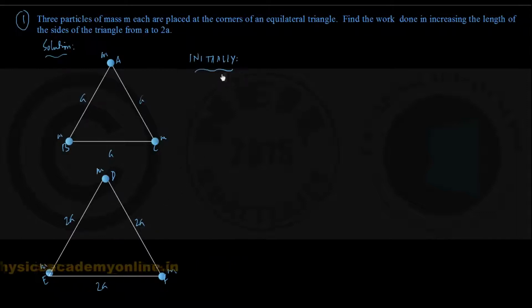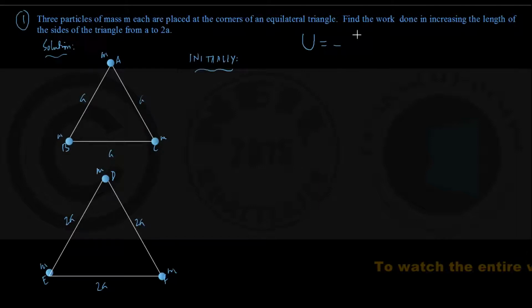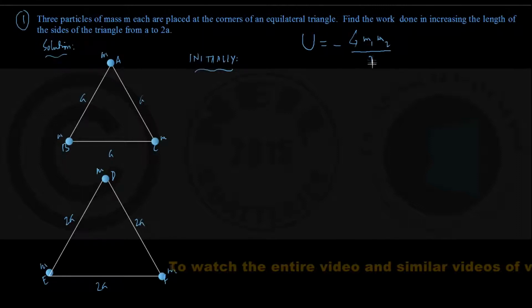Well, initially, as you are aware of this relevant formula we have taught you some time back, for a two-particle system of masses m1 and m2 separated by a distance small r, the potential energy for the two-particle system is given by minus capital G, gravitational constant, into the product of the masses of the particles divided by the separation between them.